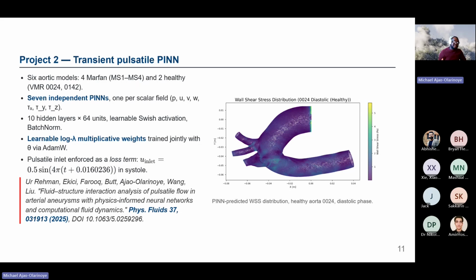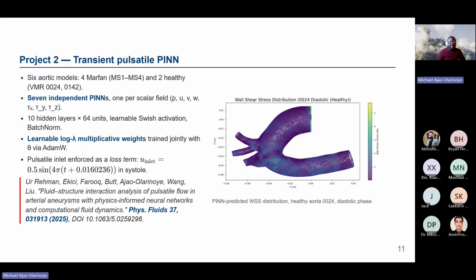So I discovered that the learnable swish activation function allowed the neural network to converge very fast, very quickly to what the points were. And this particular one had a batch norm layer in each one also. Now, the learnable log multiplicative weight was used to balance out the loss training, which was very important, with AdamW.